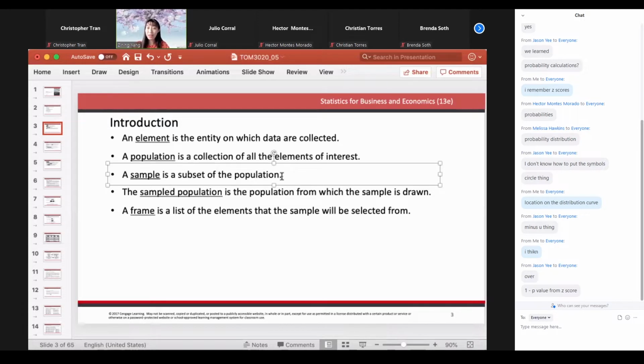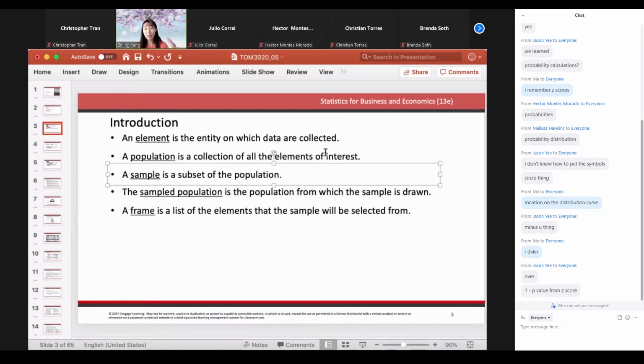Or you can say, I'm interested in customer satisfaction. All your customers, thousands or millions of customers, are your population. But when you send out the survey, you send it to 500 customers. So you have a sample of 500. That's more manageable.